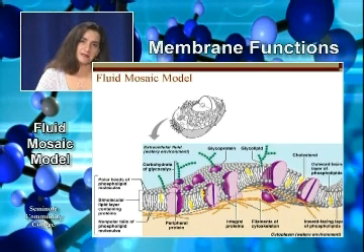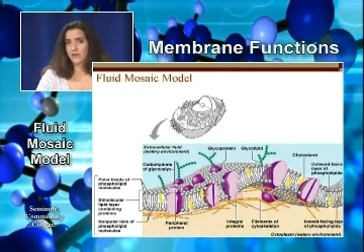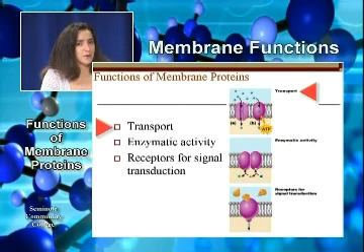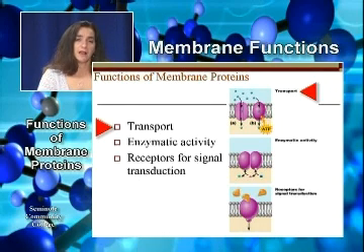If we look at some of these integral proteins in a little bit of detail, we can see that they vary in their functionality. Some of these integral proteins, also known as transmembrane proteins, can provide transport. Transport proteins allow molecules that cannot move freely through the cell membrane itself to move in and out of the cell.